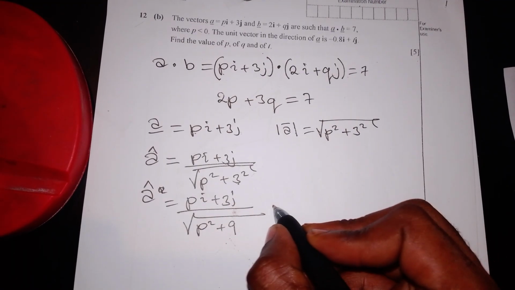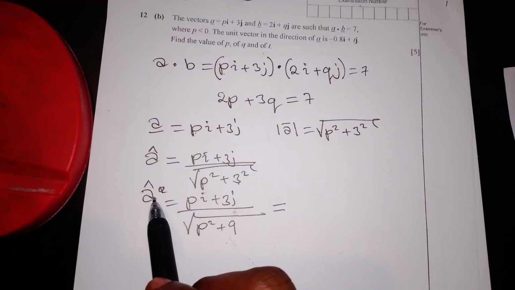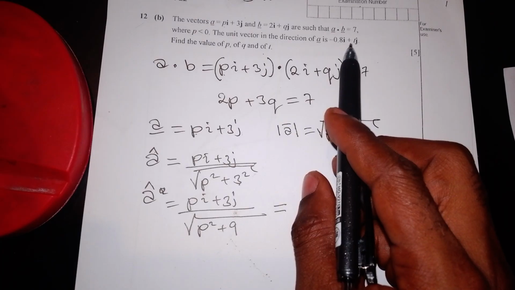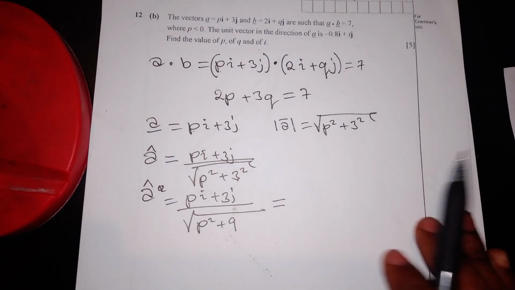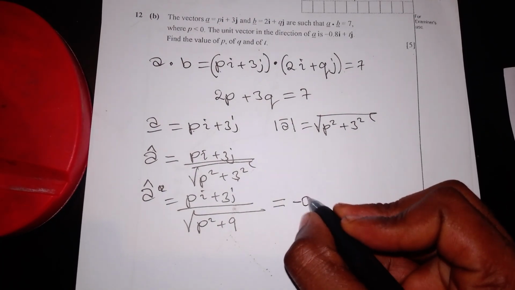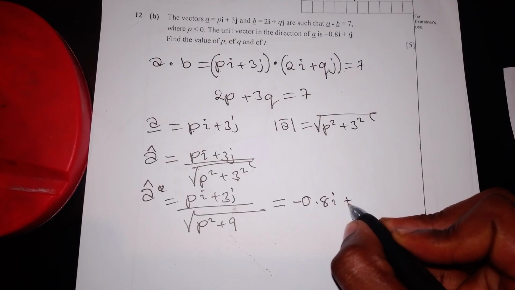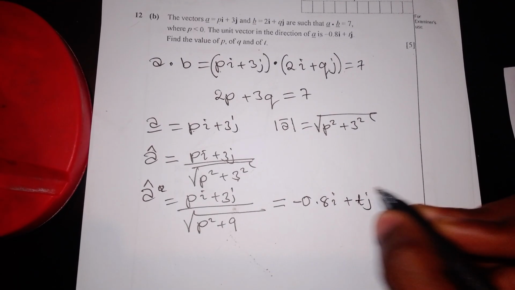And then we know that the unit vector in the direction of a is minus 0.8i plus tj. So you can just equate this to minus 0.8i plus tj.